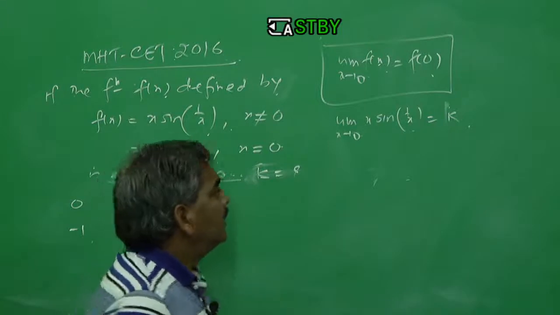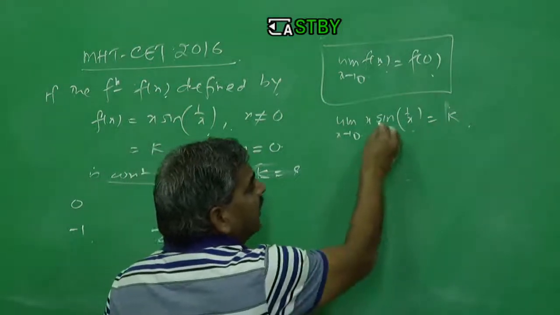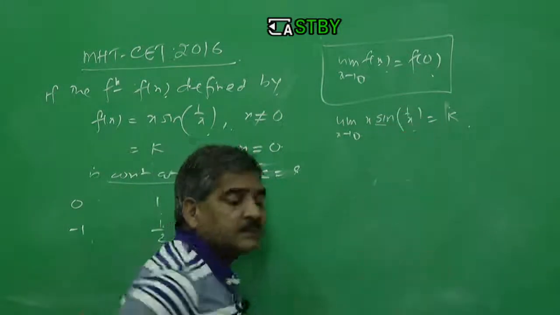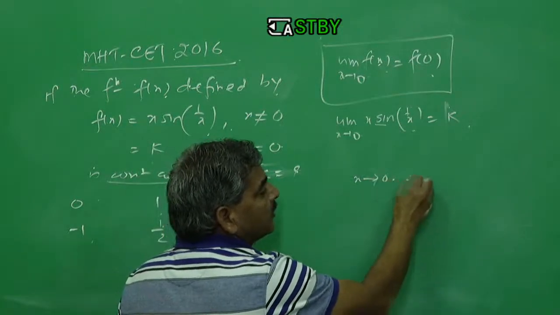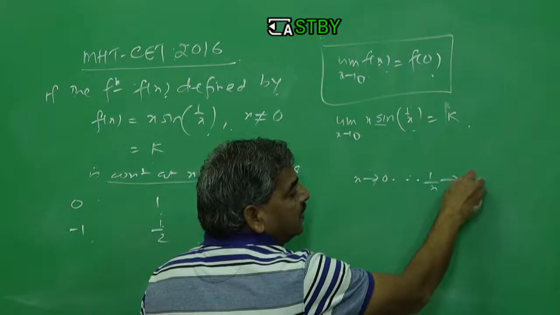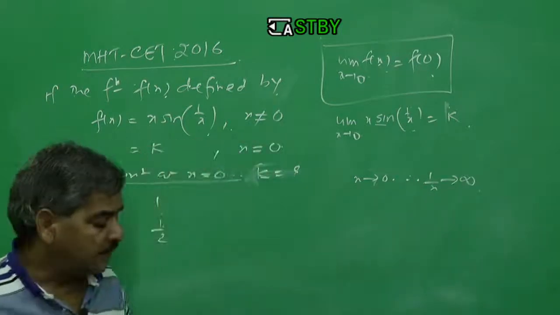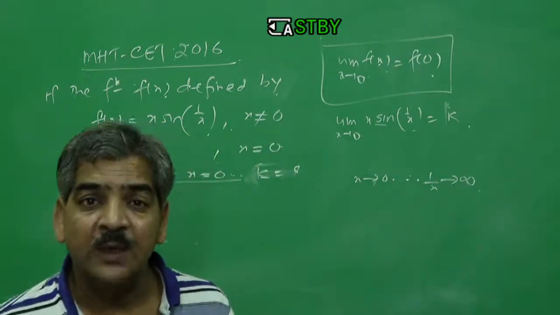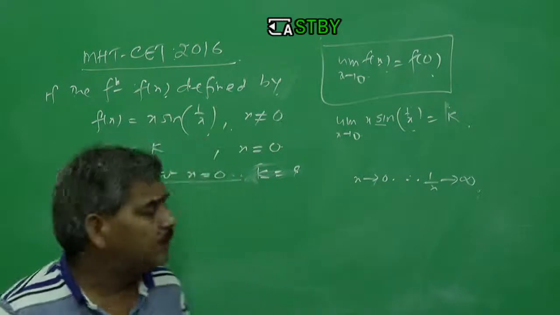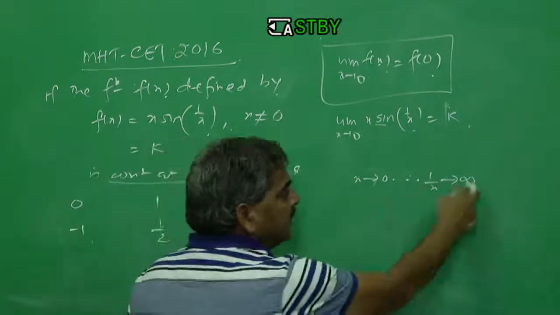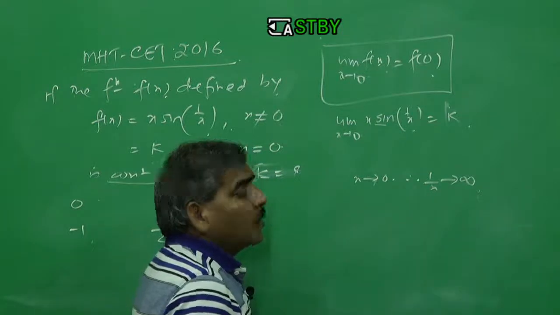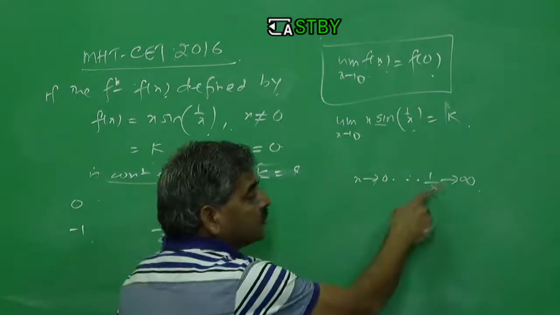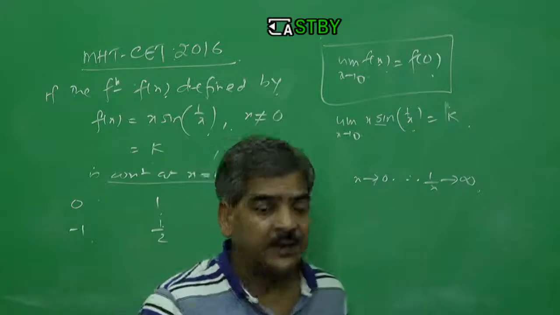Say what happens if I look at this: sine of 1 by x, as x tends to 0, therefore 1 by x tends to infinity. If x tends to 0, its reciprocal tends to infinity. Actually, x tends to plus or minus infinity.